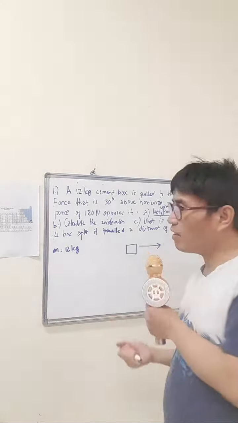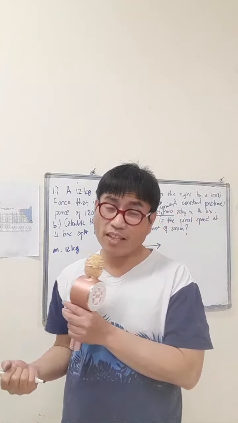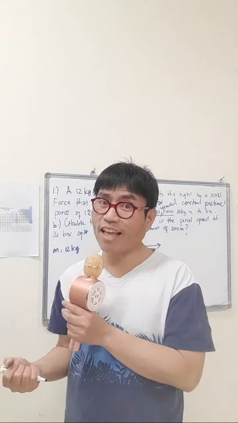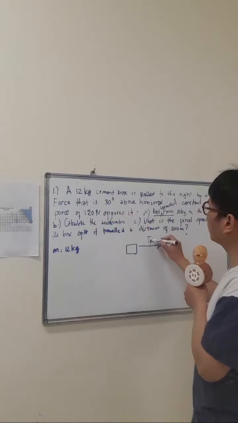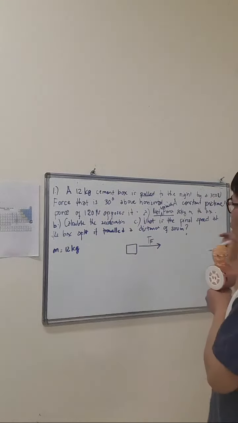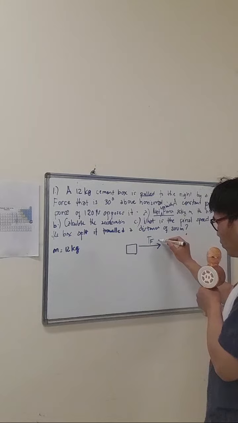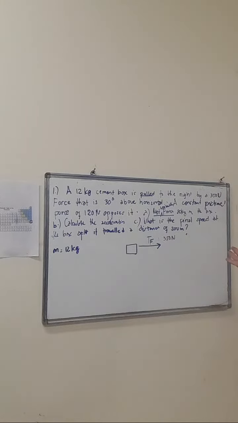If you pull an object going to the right, that is covering the tension force. This is TF. Now, by a 350 Newton force, so the tension force is 350 Newton. And that is 30 degrees above horizontal.